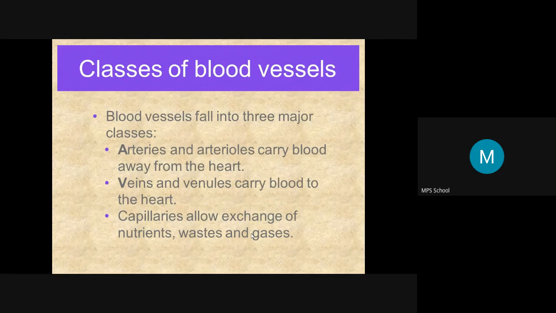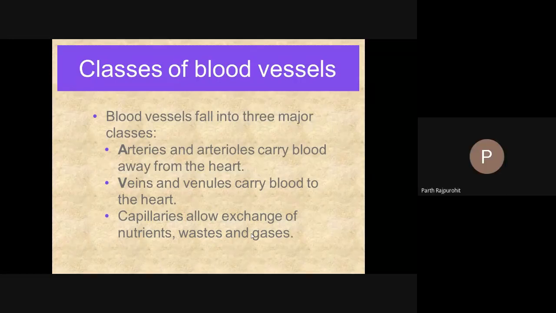Just remember, the arterioles are the branches of the arteries for reaching each and every cell of the body. And venules are the branches of the veins which carry the deoxygenated blood from each and every part of the body and take it into the heart.